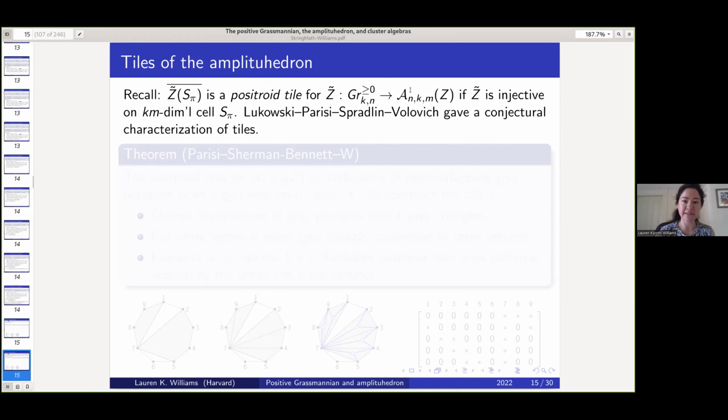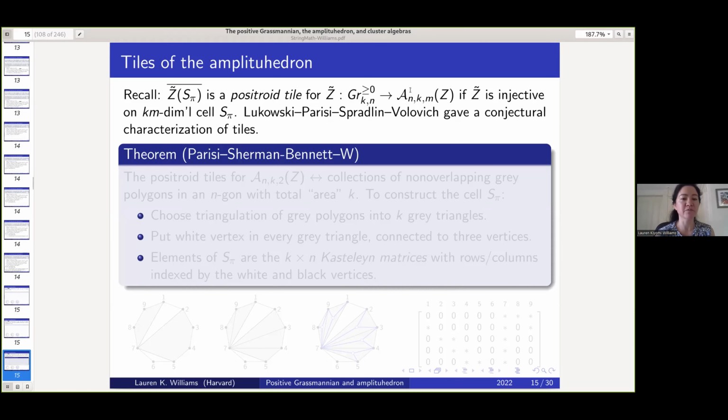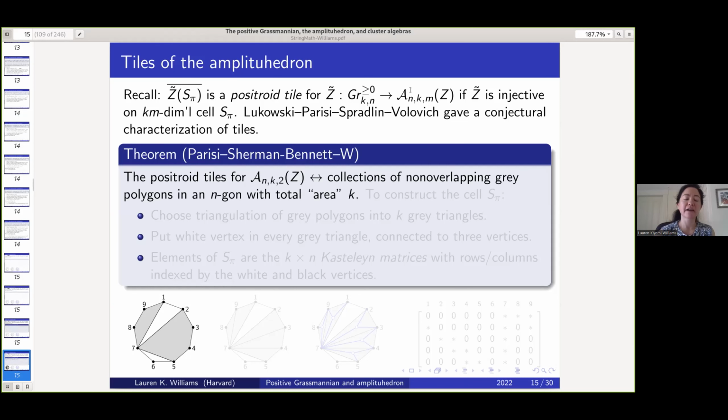So Lukowski, Parisi, Spradlin, and Volovich had given a conjectural characterization of all of these tiles, which we proved with Parisi and Sherman Bennett. And they have a very pretty description. These positroid tiles are in bijection with collections of non-overlapping gray polygons in an n-gon with total area K.